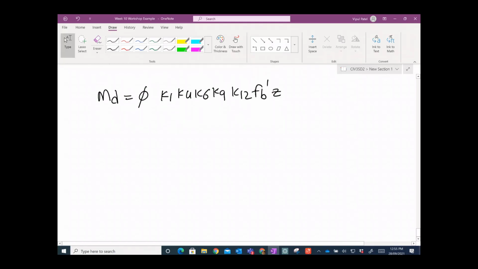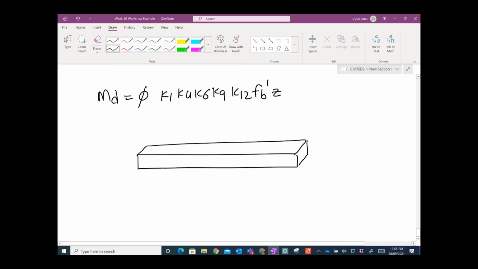Because look, I can tell you the story: if you have a beam made of any material, don't worry about materials at the moment, it can be steel, aluminum, anything, and it is supported at some stage, and then you apply the UDL load due to the self weight and live load, it is just going to bend, right?